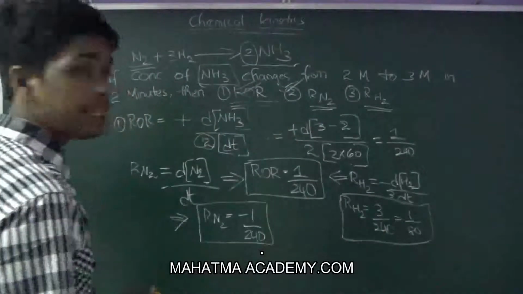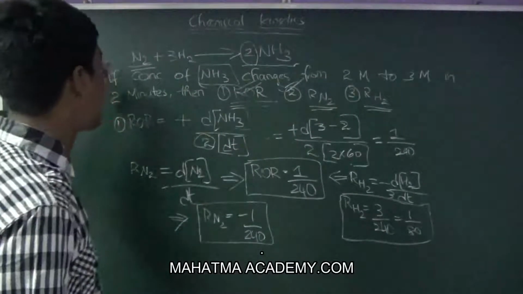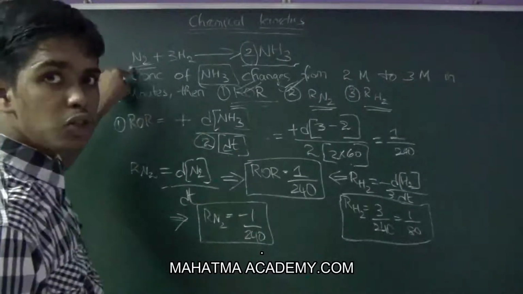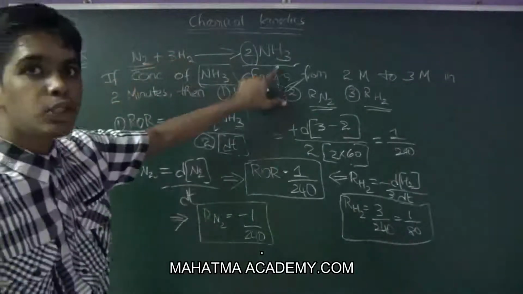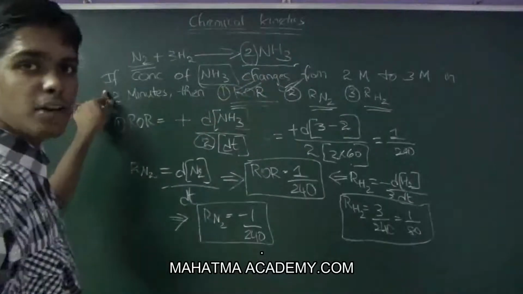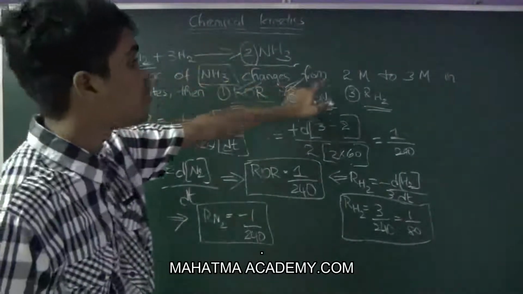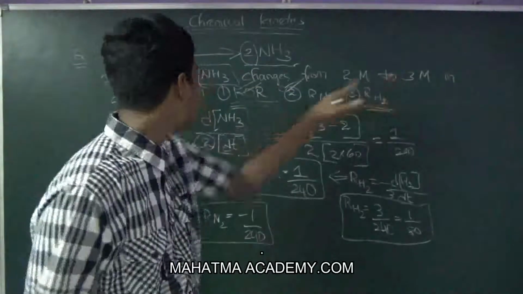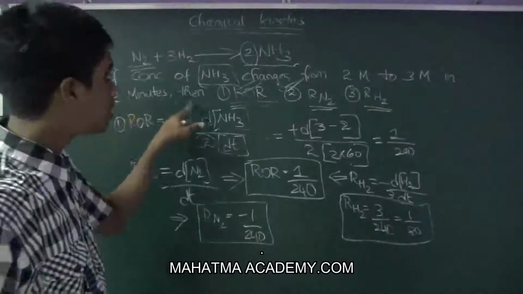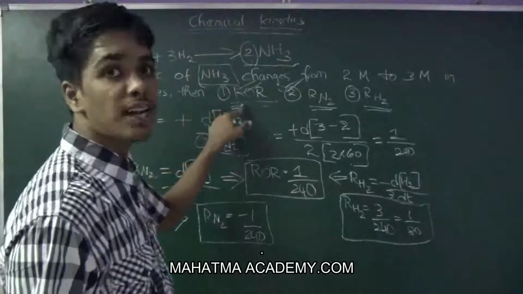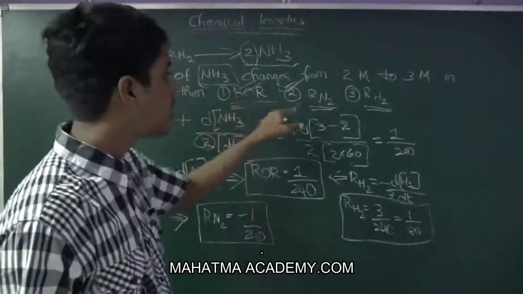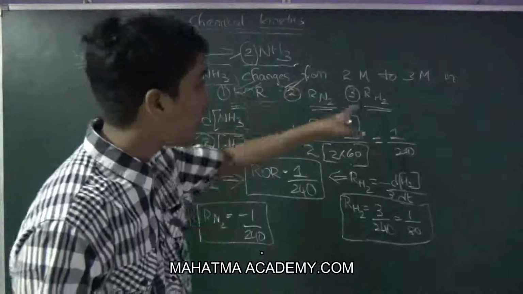Okay students, in this question we have discussed an equation, that is N2 plus 3H2 gives rise to 2NH3. Now if the concentration of the NH3, that is the product, changes from 2 molar to 3 molar in 2 minutes, first we want to find the rate of reaction, and rate of N2 and rate of H2.